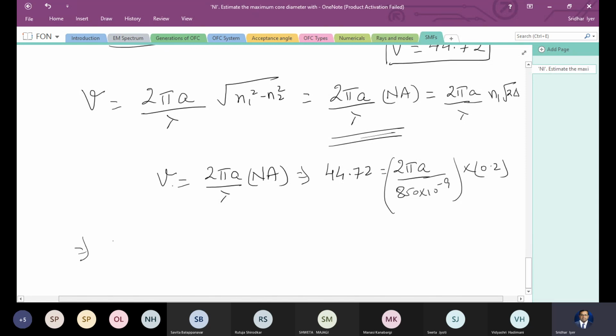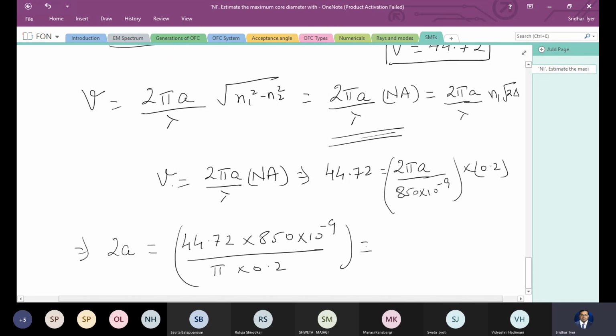Therefore, I'm going to cross multiply. I'll keep 2a as it is because we need diameter. So cross multiplying, you'll have 44.72 into 850 nanometer divided by pi into 0.2. And this value will give us the diameter of the core. So let me evaluate this. You get about 60.52 into 10 raised to minus 6 micrometer.